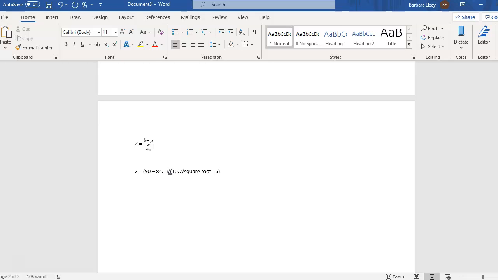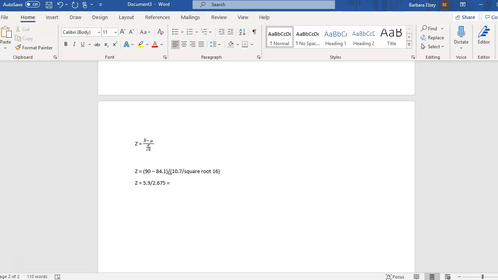So I'm going to do top and bottom separately. First 90 minus 84.1 gives 5.9. And now the bottom, 10.7 divided by the square root of 16, which is 2.675.